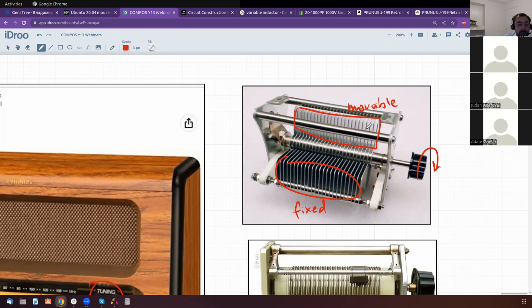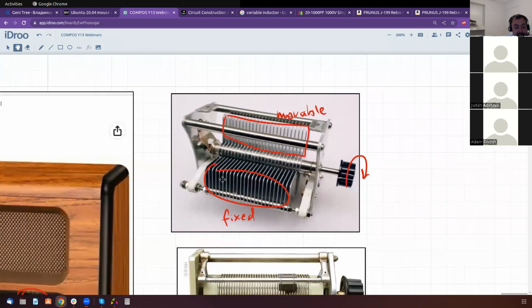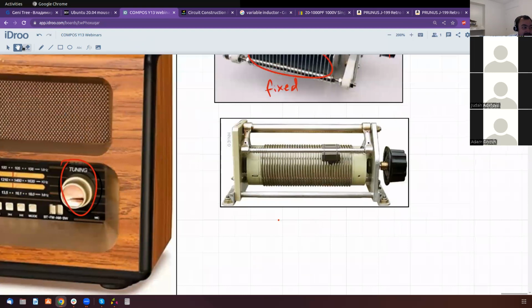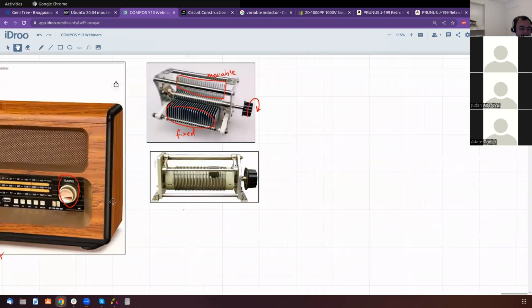So twisting the knob clockwise increases the capacitance. And this knob is the tuning knob. Here it is. It's connected to a variable capacitor. So you have a variable capacitor, as I said. There's an inductor.